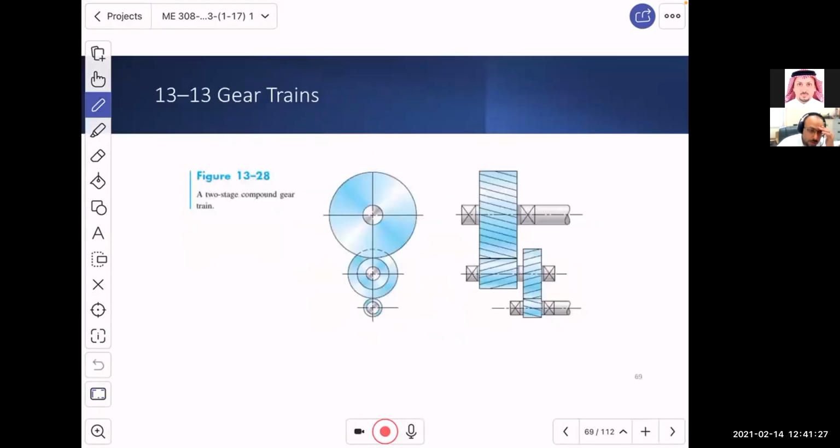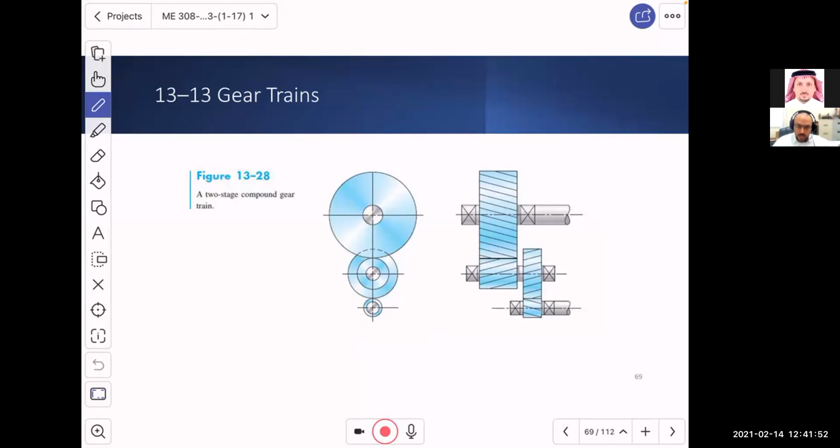Now, of course, if you go to the industry, the most common multi-stage gearing is probably the gearbox in cars. And if you go to the industry, they don't usually have gearboxes in the sense of put it in number 1, number 2, number 3.